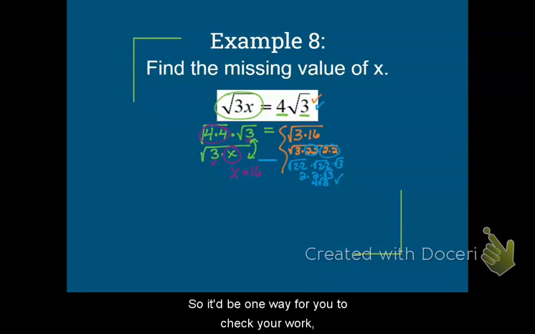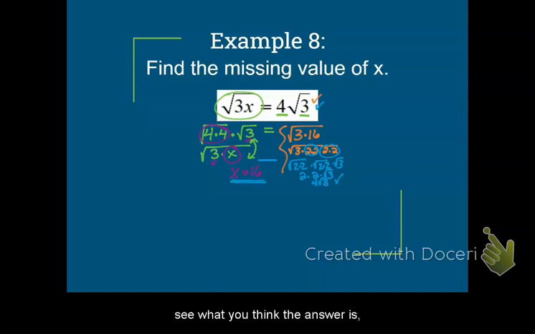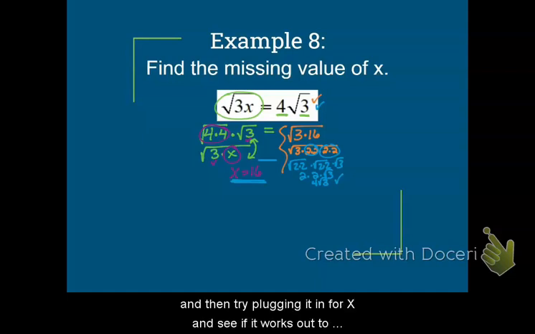So it'd be one way for you to check your work: see what you think the answer is, kind of trying to reason through it, and then try plugging it in for X and see if it works out to get the answer that you wanted to get here in the beginning.